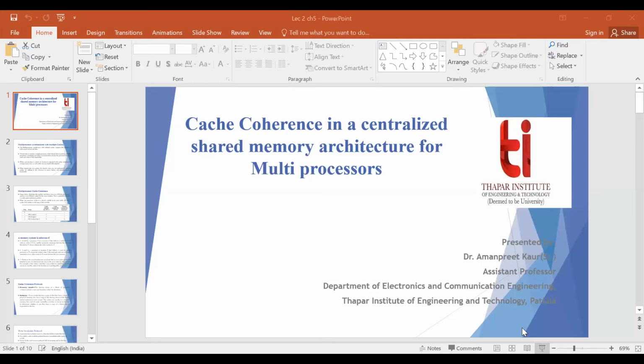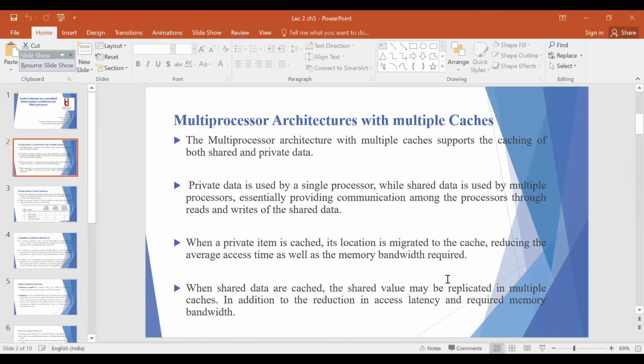Now, when we talk about these multiprocessor architectures, we can either have a shared memory module, a multiprocessor architecture wherein we have a centralized memory which is shared by all the processors, or we can have every processor having its own memory module which is shared by all other processors using either a beans network or a butterfly network, right? So having done with the beans and the butterfly, the next job is to talk about cache coherence that has to be maintained amongst all the caches of a multiprocessor architecture.